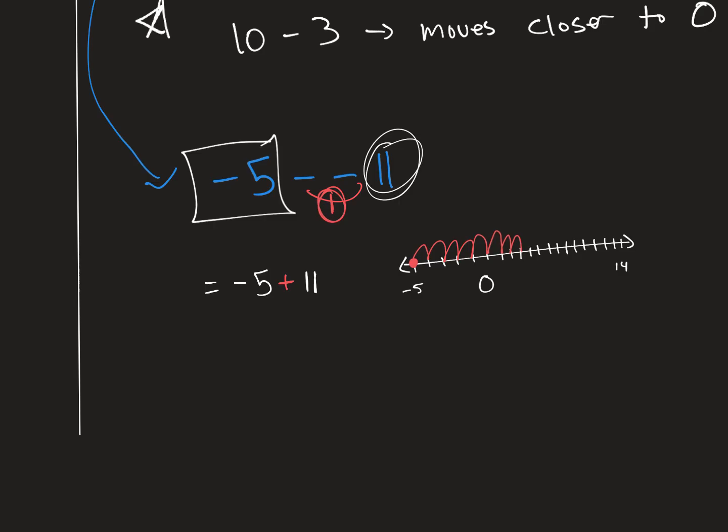Then 6, 7, 8, 9, 10, 11. That is my end spot. You can go by singles, or you can just draw plus 11. That gets me 1, 2, 3, 4, 5, 6. So my final answer to the expression is 6.